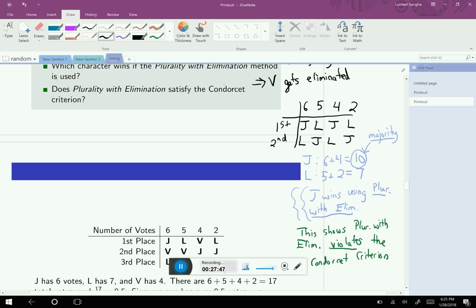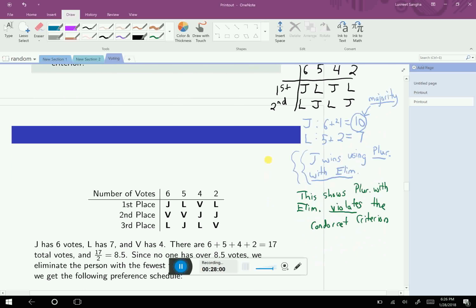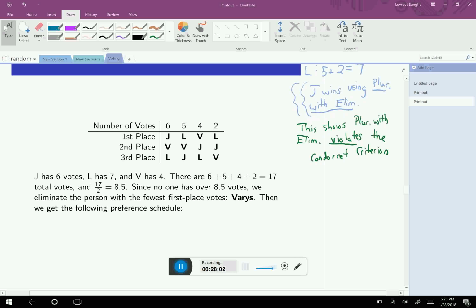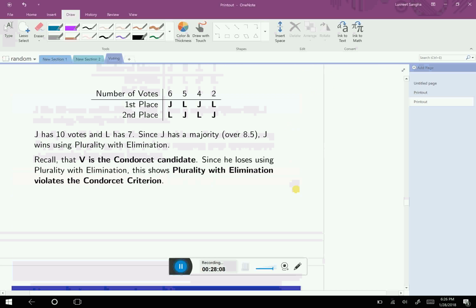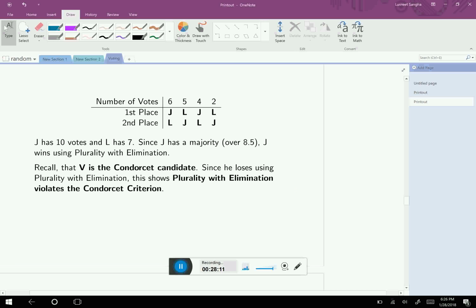So far, we've shown that plurality violates the Condorcet criterion, plurality with elimination violates the Condorcet criterion, and we showed that pairwise comparison, the very first one we looked at, satisfies the Condorcet criterion. Again, when you refer to the lecture slides, the following couple of slides have the work we just did. And what we concluded at the end of this example is that plurality with elimination violates the Condorcet criterion.